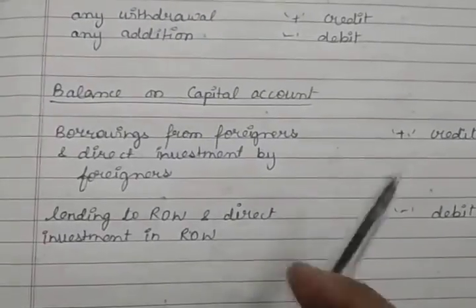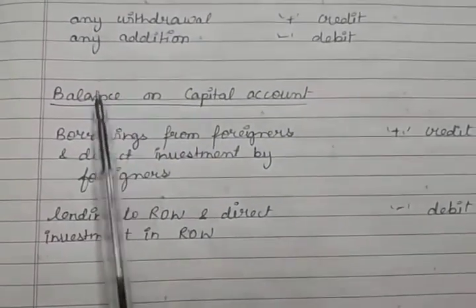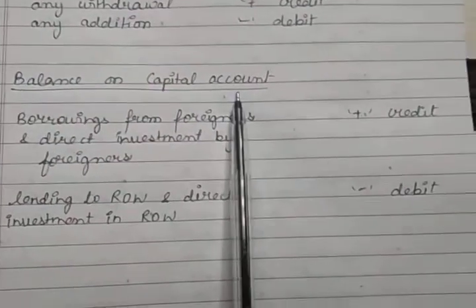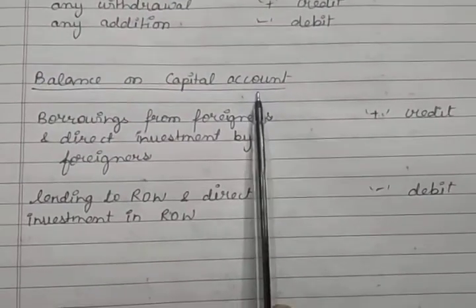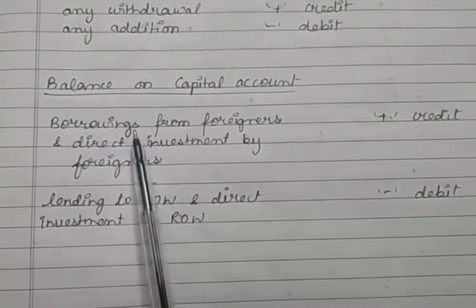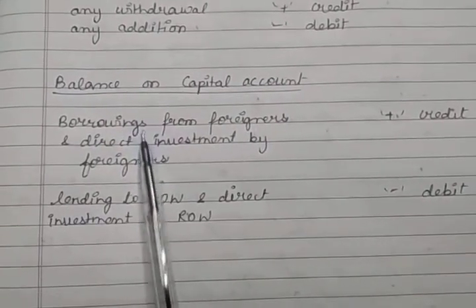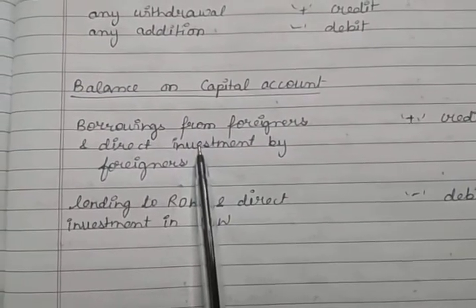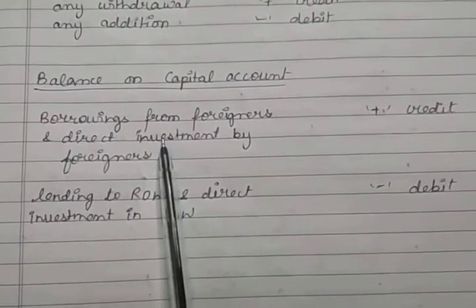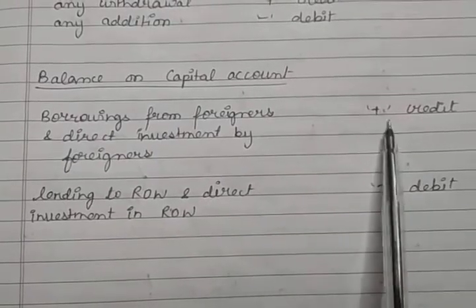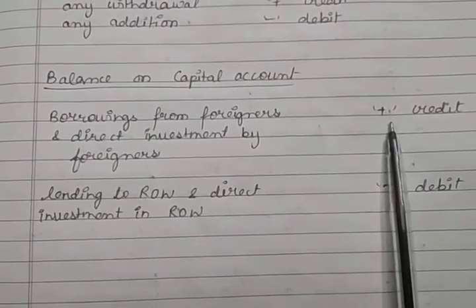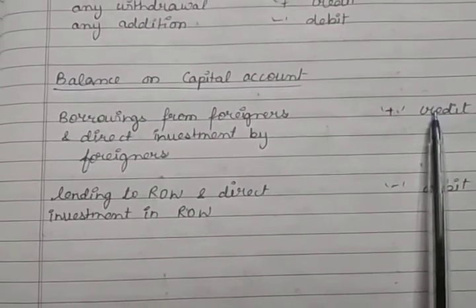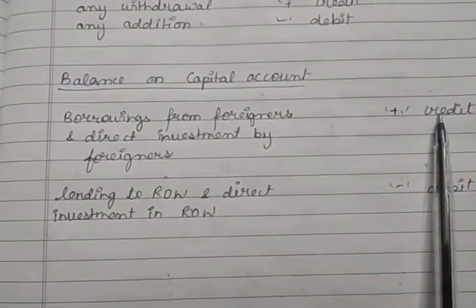Now, after the components of the capital account, the balance on capital account. In the capital account, borrowings from foreigners and direct investment by foreigners represent capital inflows. Capital inflows are positive items, or credits, because they are receipts from foreigners.